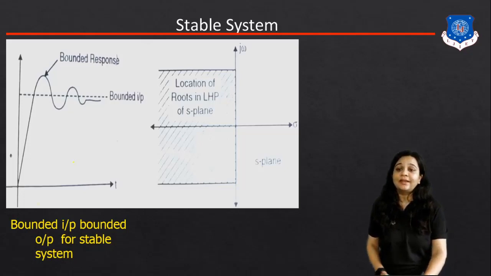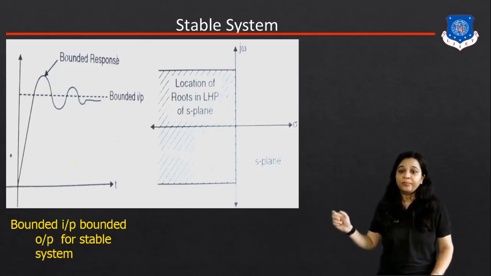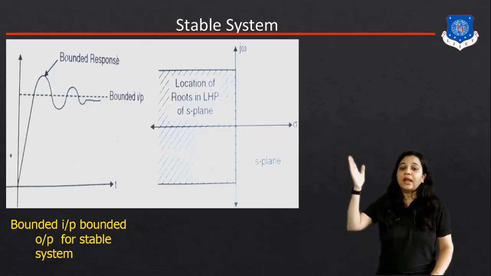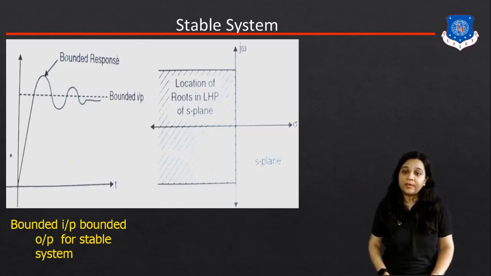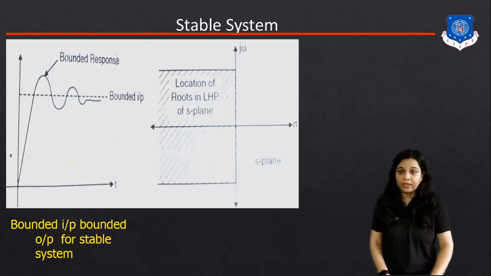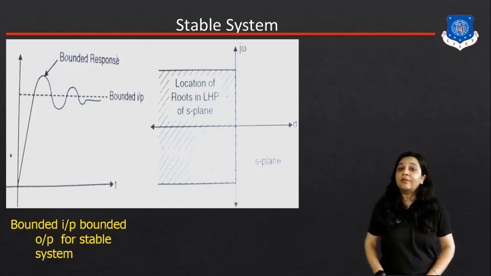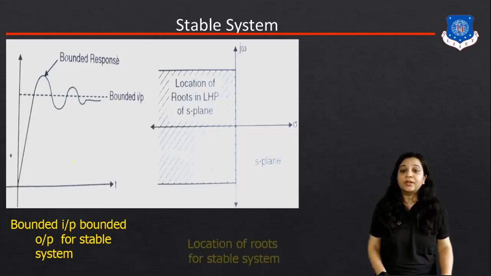Here you can see in the left hand side diagram, whenever the input is applied, we get the output, and after some time the output will be steady, after the saturation region. If you remember, we studied this in the 4th chapter, time response analysis: after some time, we get the steady state response. This type of graph is known as a stable system.